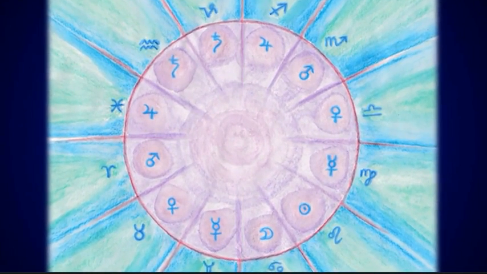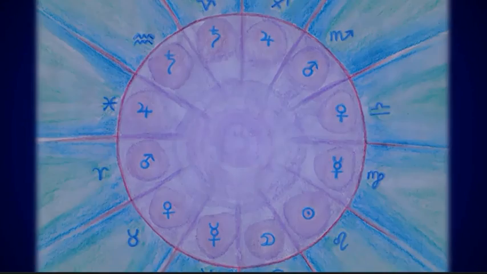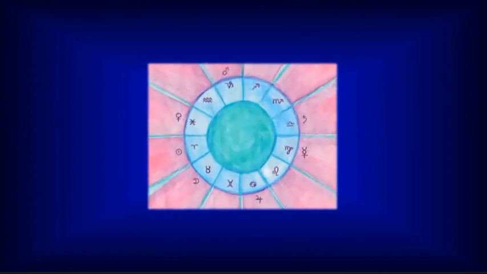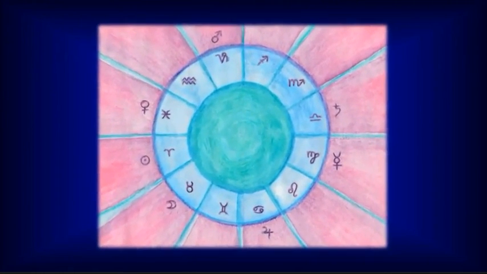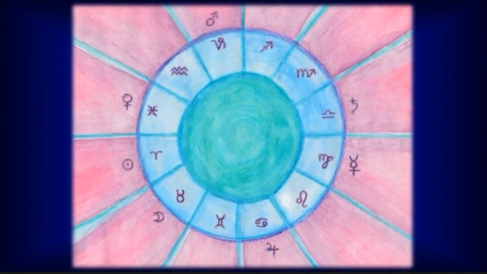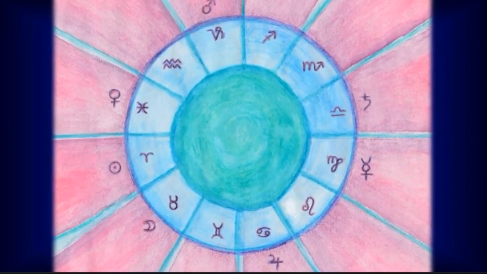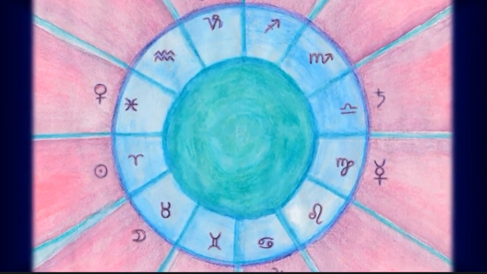And it's a very balanced system. And this is where the gods feel exalted. And they are placed like the sun is exalted in Aries, Venus in Pisces, and so on.